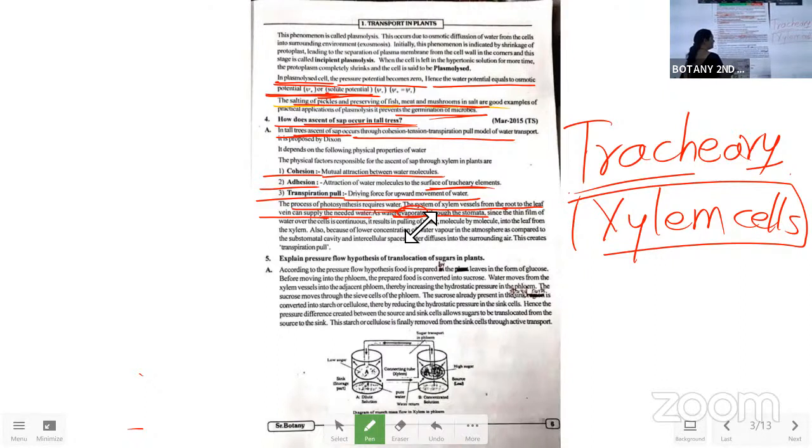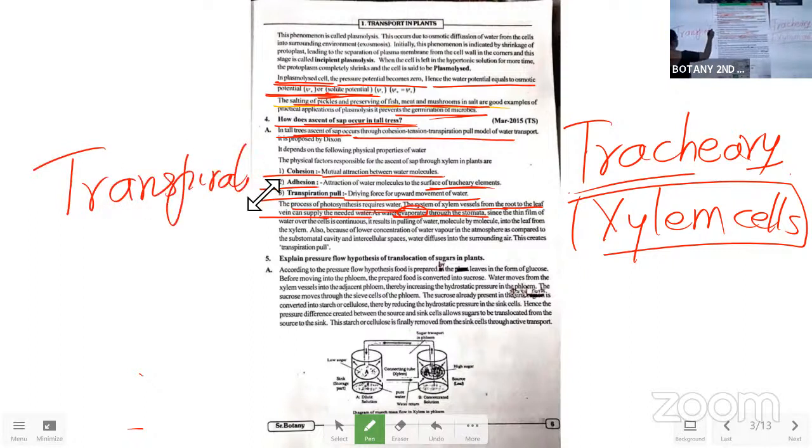It's not evaporation, it's transpiration. Transpiration is the loss of water from the leaf lamina through the stomatal apparatus. So the transpiration of water occurs through the stomata.